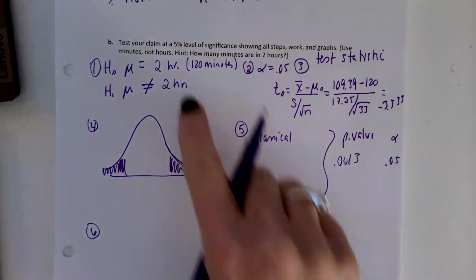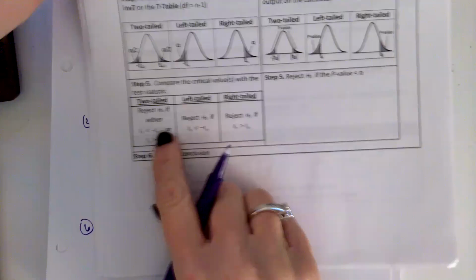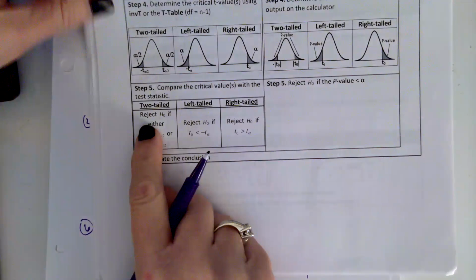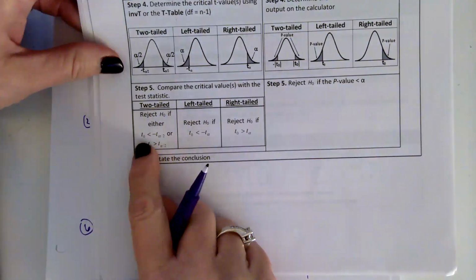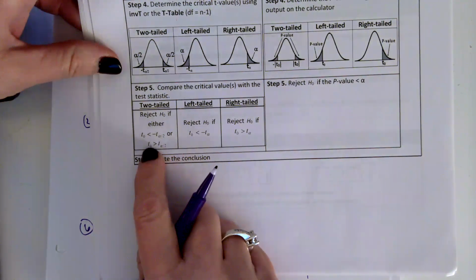So going back to our paper to validate and finish this up, because it's a not equal to, I'm going to page 302 and I'm going to look at my two-tailed test. And it says, I'm going to reject H0 if either the T0 is less than a negative T alpha divided by 2 or the T0 is greater than T alpha divided by 2.